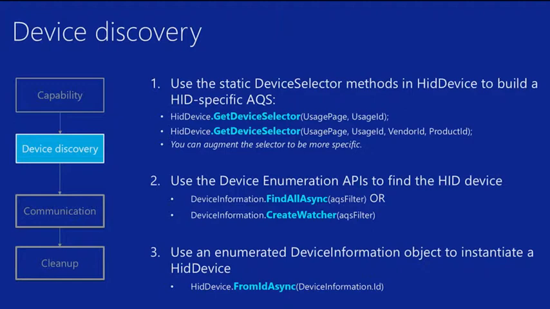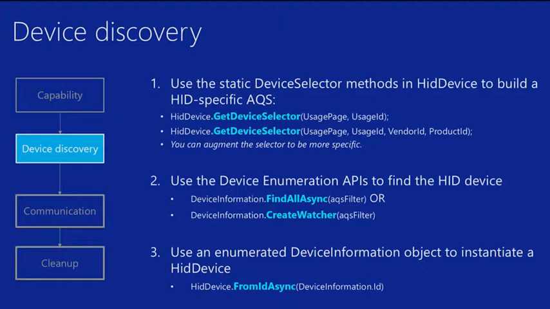So you can call getDeviceSelector using a usage page and a usage ID, or you can use a usage page, usage ID, vendor ID, as well as a product ID in order to get really specific.